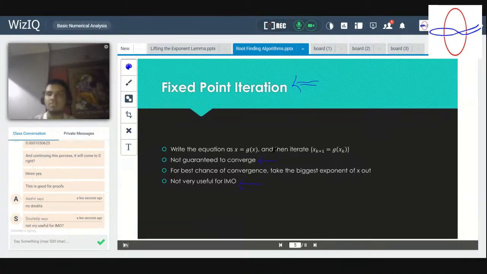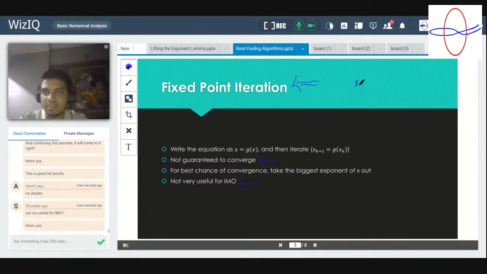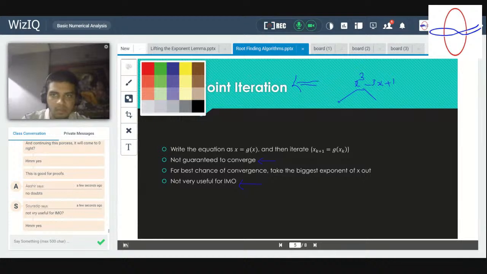And for the best chance of convergence, let's say you want to find the root of x cube minus 3x plus 1, just to make it difficult. Right. What you need to do is to write this equation as x equal to some function of x. There are two ways to do this. Let me use a white color pen from now on.